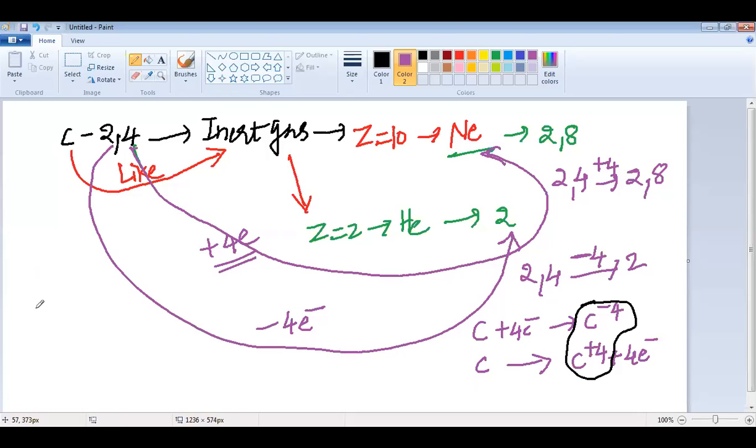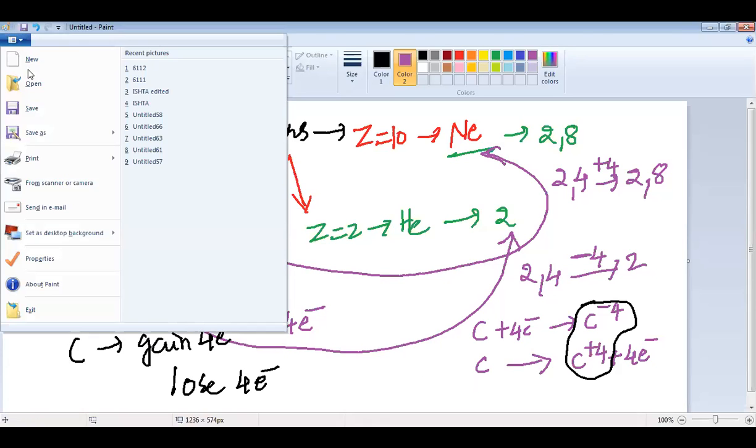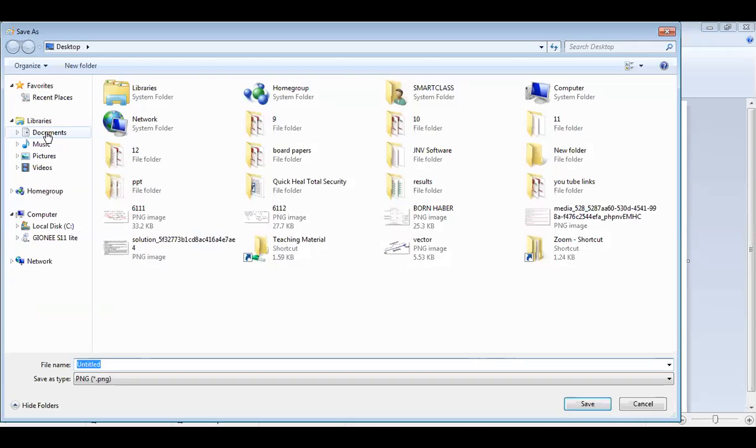And to make the ions, carbon either has to gain 4 electrons or it has to lose 4 electrons. Now what do you think, my dear students? Is it easy to gain 4 electrons or lose 4 electrons? I am asking you, my dear students.